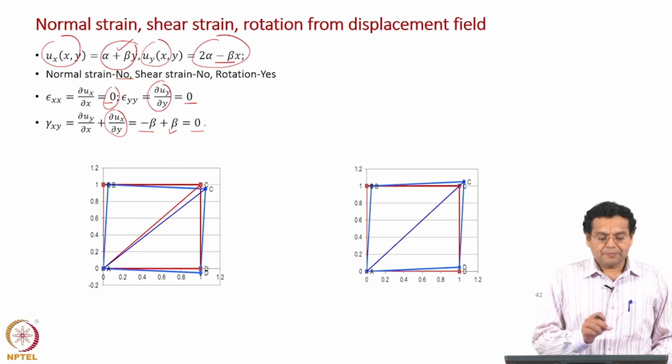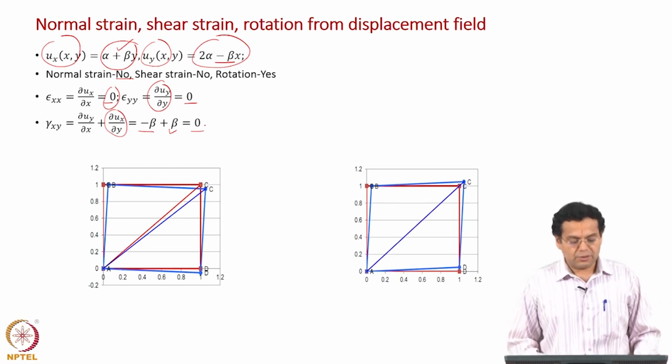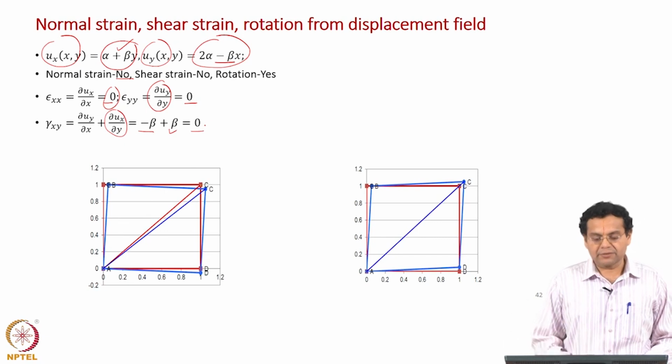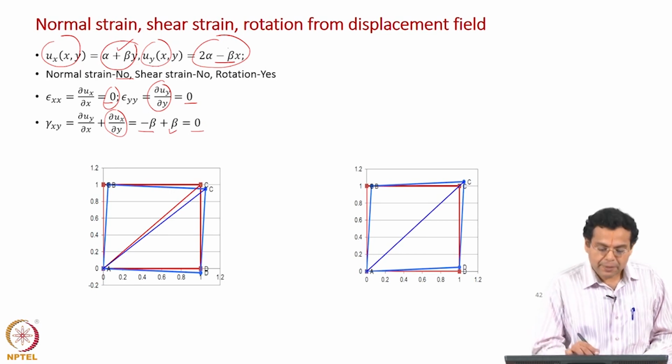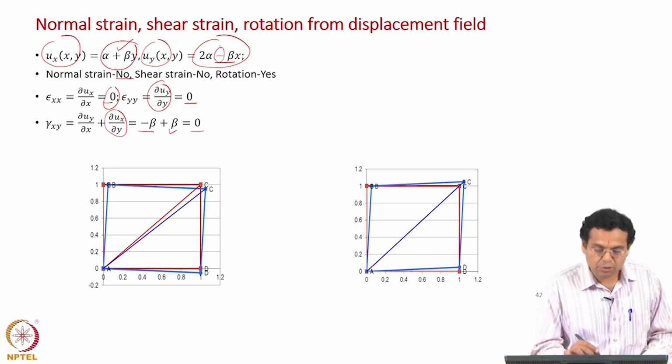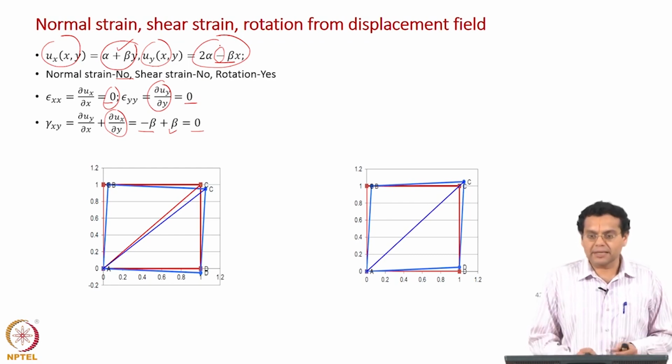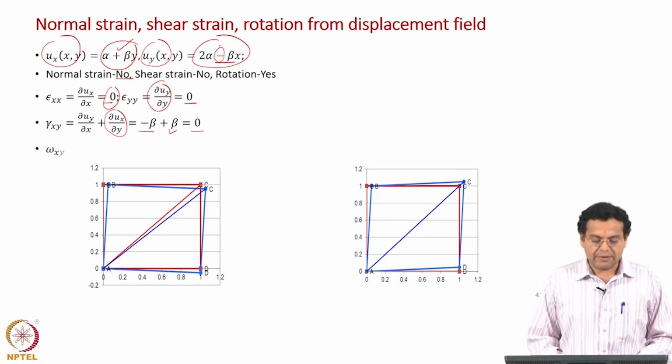So, now the shear strain is also 0, that is what we inferred from the figures, the initial state and the final state, but now we have quantitatively shown that it is 0. Okay. In fact, the minus sign here has been chosen so that you do not have any shear strain in this particular case. Now, let us evaluate the rotation.